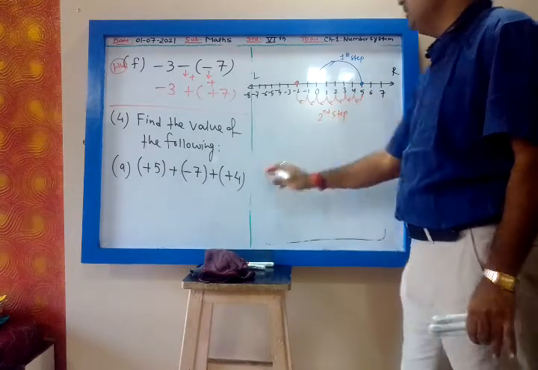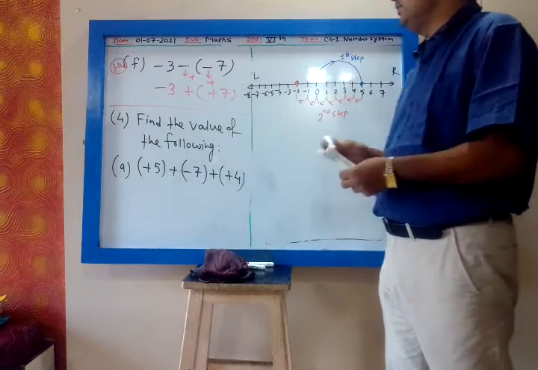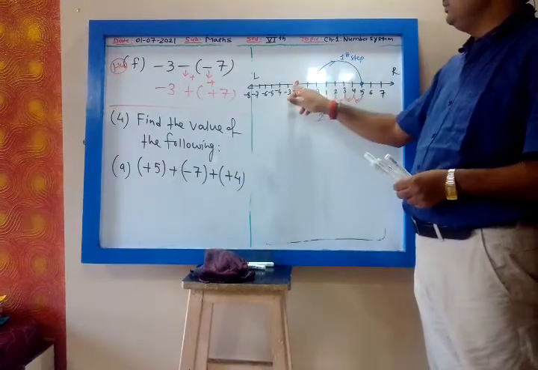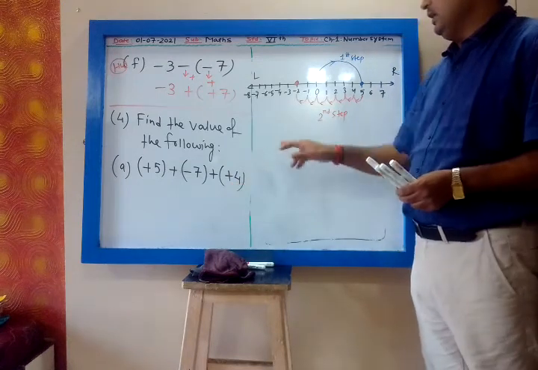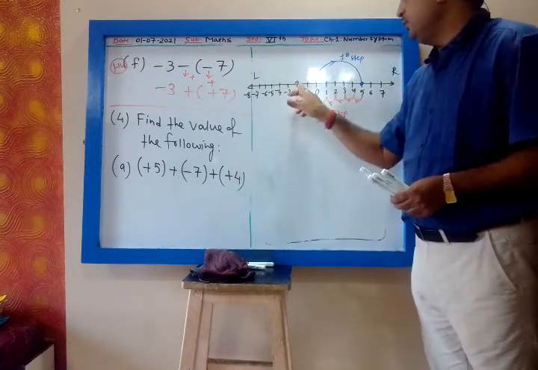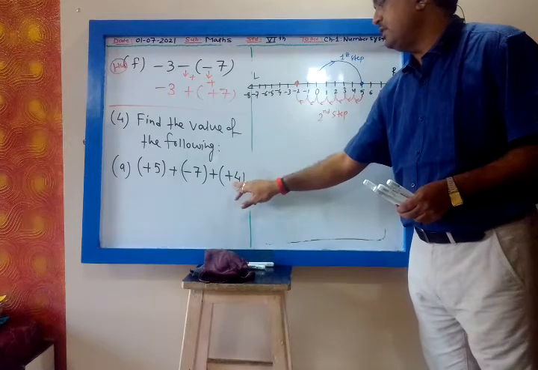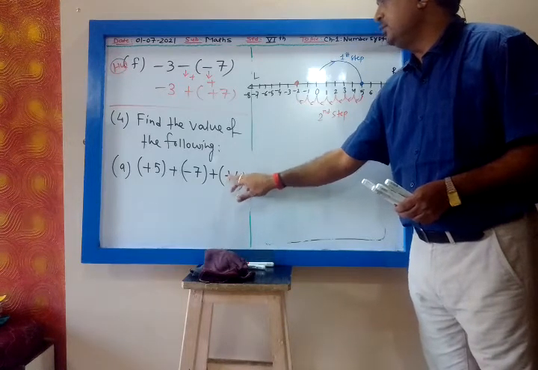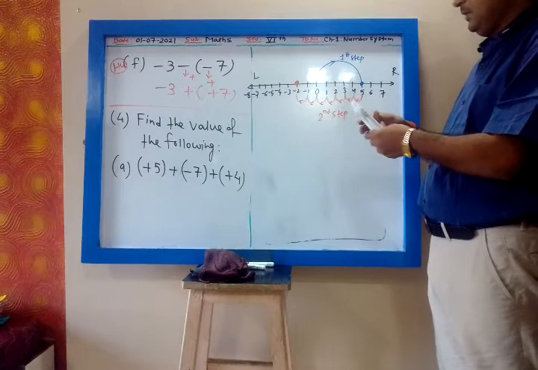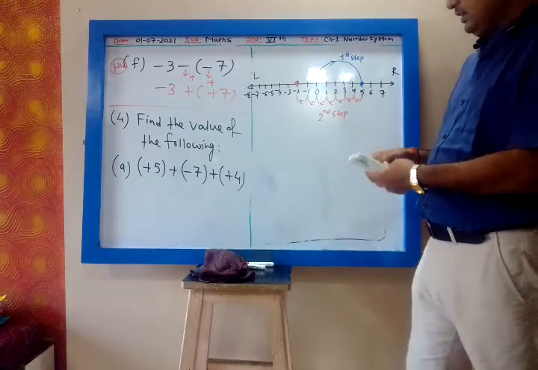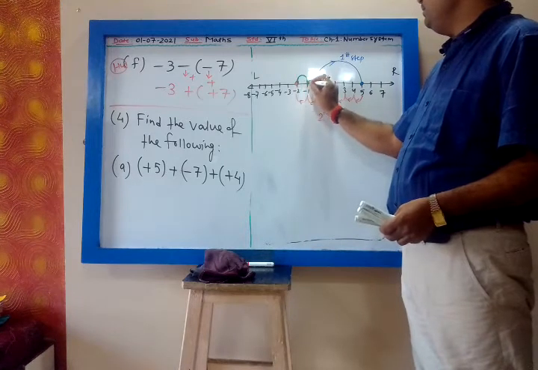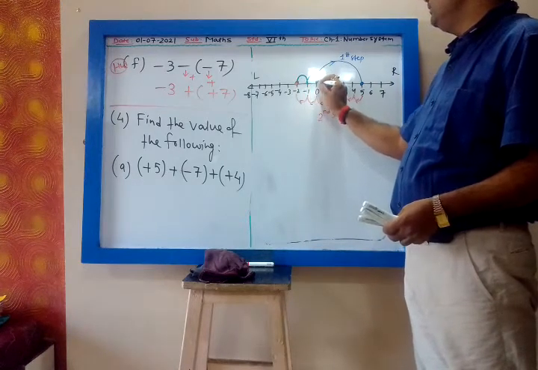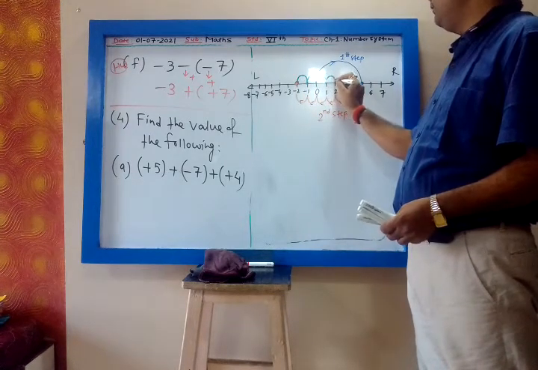Now there is one more number +4. So we have to write third step also. Now from -2 it is +4. So from -2 now I have to make a jump of 4 steps. But it is +4, so I will jump to the right 4 steps. So where I will reach? This is one jump, second jump, third jump, and fourth jump.